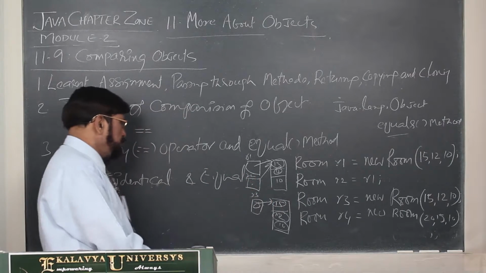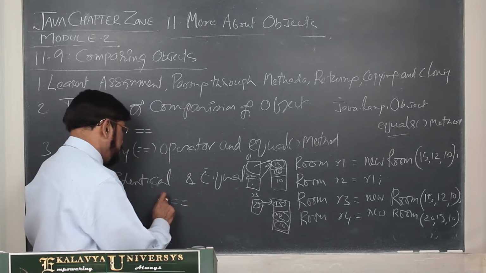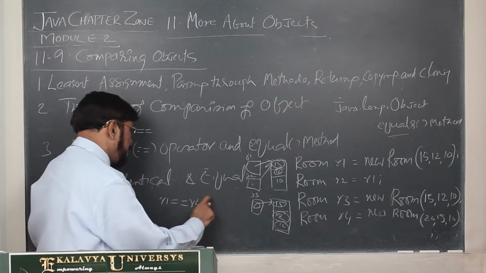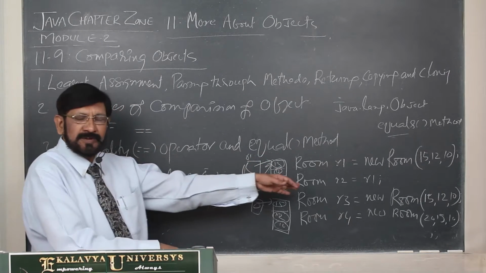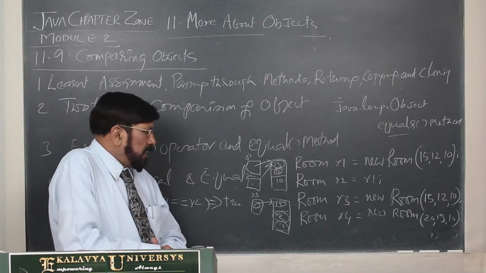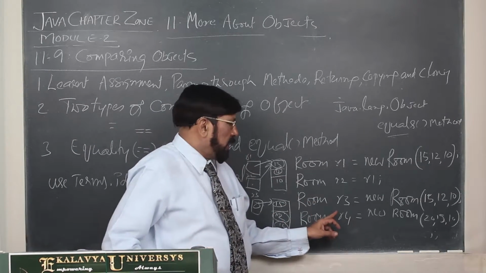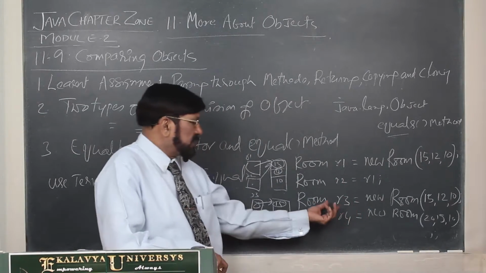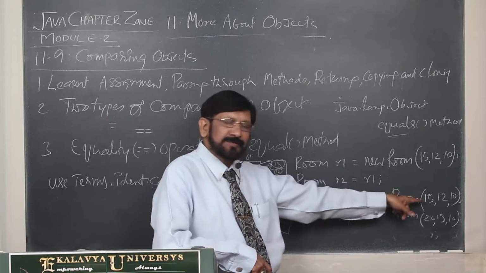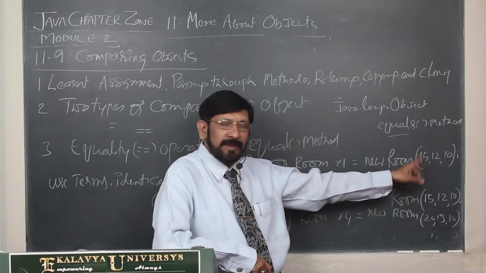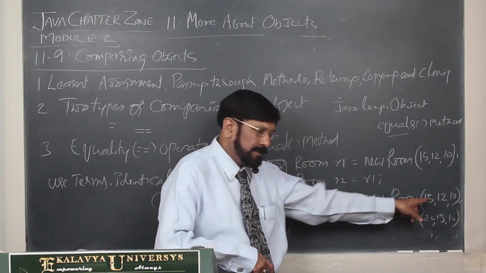R1 and R2: if you use the equal to operator, R1 is equal to R2, this gives true because both references are the same. Now let us come to R3. R3 is a different reference, but the content may be the same.